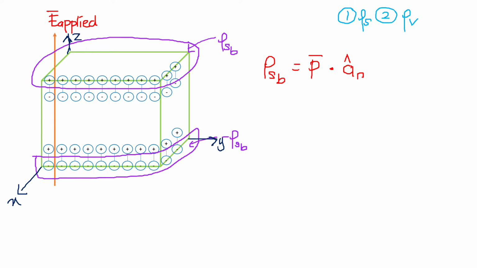Now we are going to make an analysis based on this equation. We know that we have the E, and based on this, we can write E is equal to E_z in the direction of z.